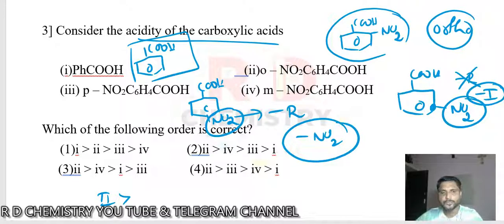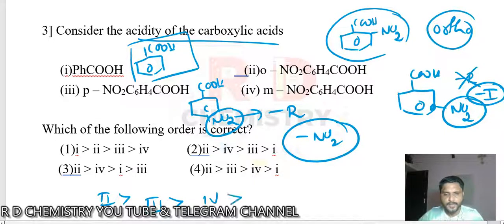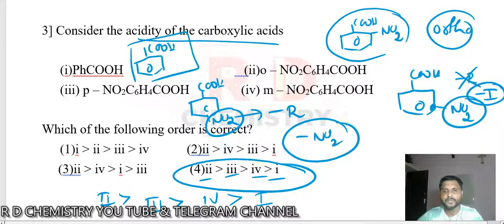So para-nitro is the stronger acid. So Roman number 3 comes, then meta-nitro, that is option number 4. And all these nitro compounds are stronger acids compared to the standard molecule, the first one, benzoic acid. So 2, 3, 4, 1. The fourth option is the answer. Okay.